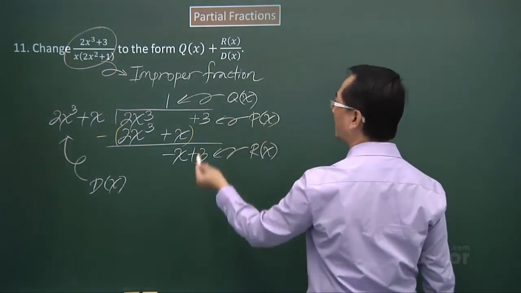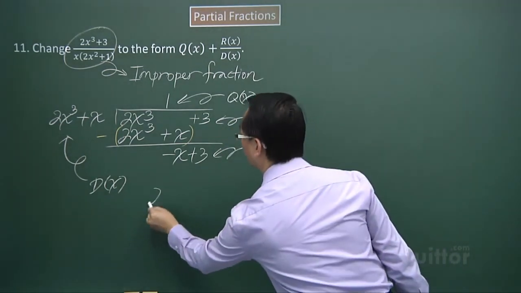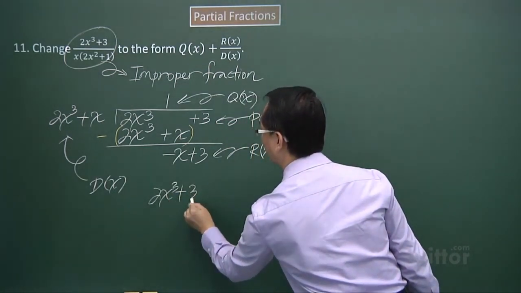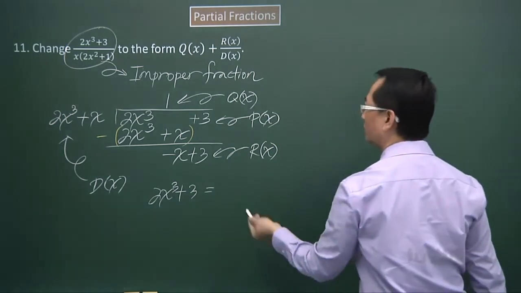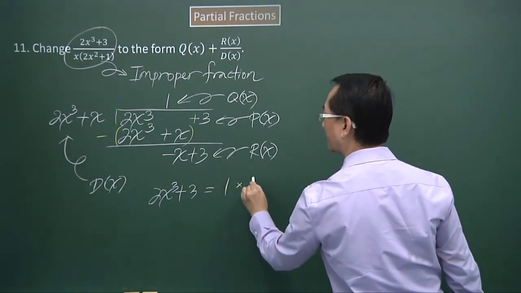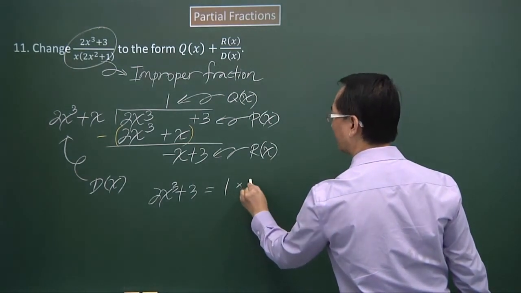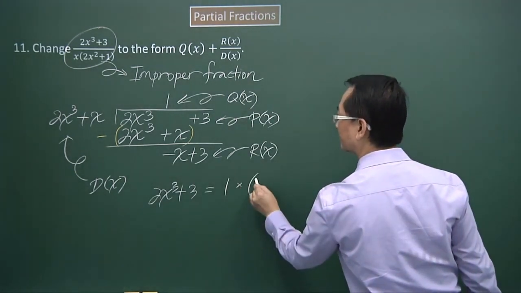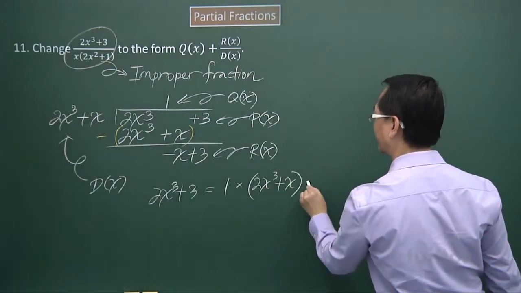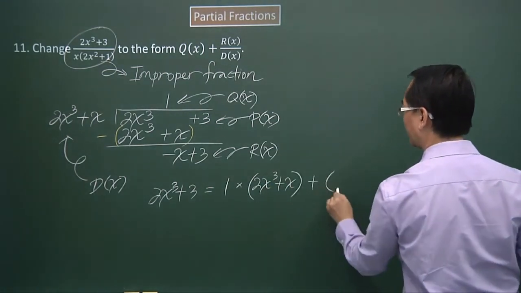So put all that together, I have 2x cubed plus 3 equals 1 times the divisor plus the remainder.